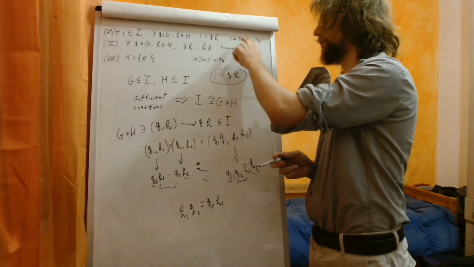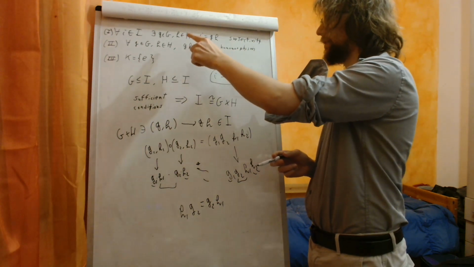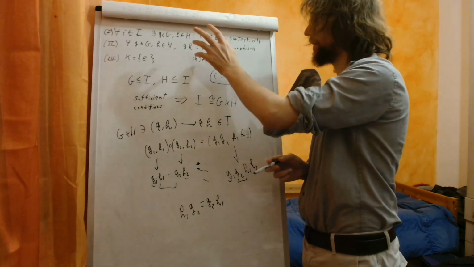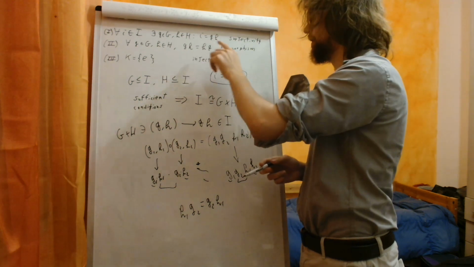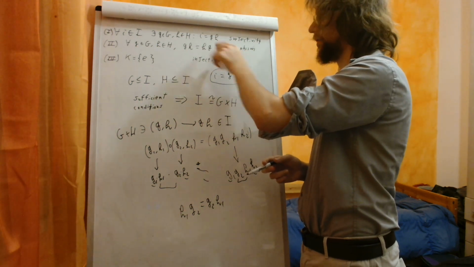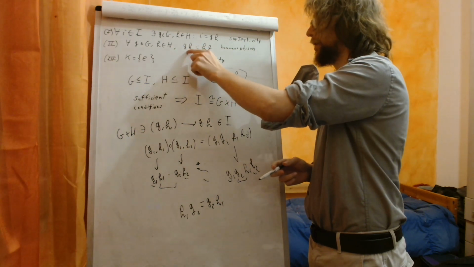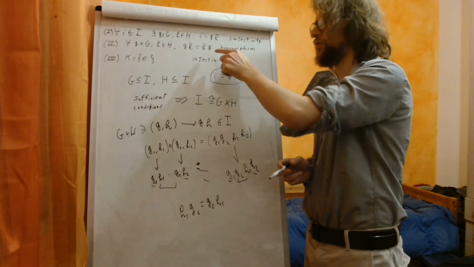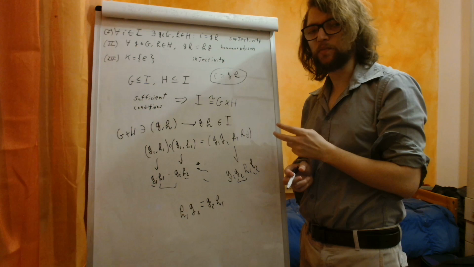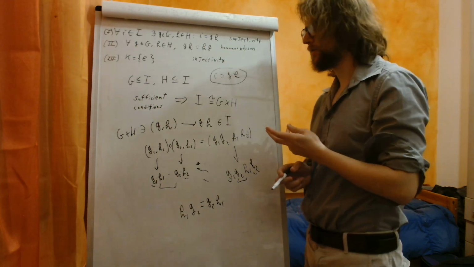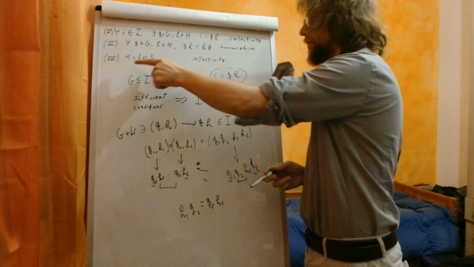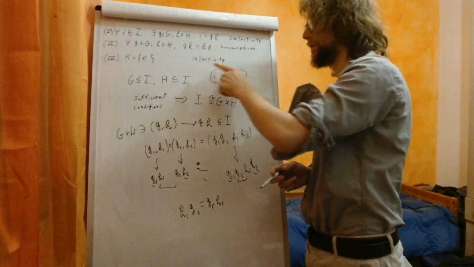This is the condition for surjectivity: every element in I must be generated by the elements in G and H. And this is a condition for homomorphism, because if we have this condition, we can easily find a homomorphism as we did. And then this is the condition of injectivity.